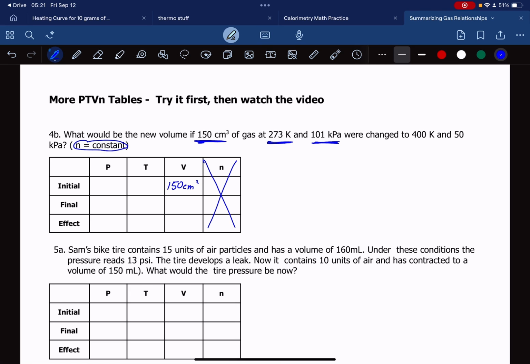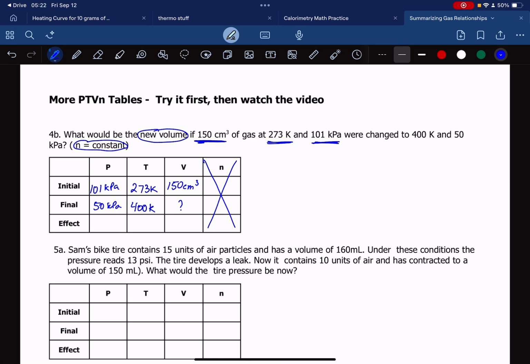It just tells me straight up 150 cubic centimeters, 273 Kelvin, and 101 kilopascals. And we're changing those conditions to 400 K, so that's your temperature, 50 kPa, and we want to know what the new volume is, so I'm going to put my question mark right there.